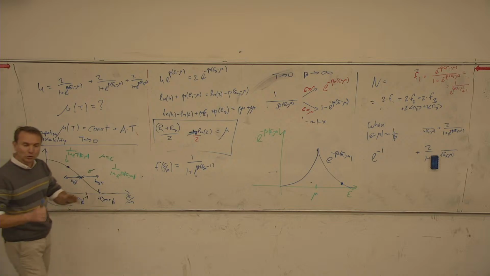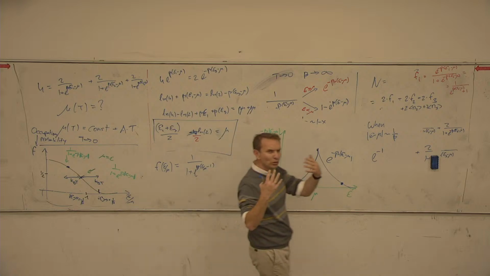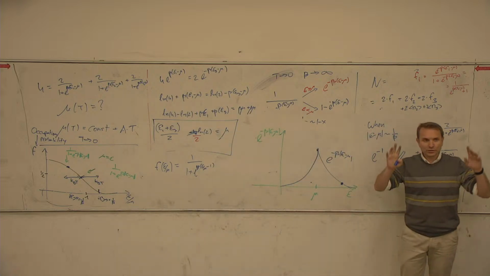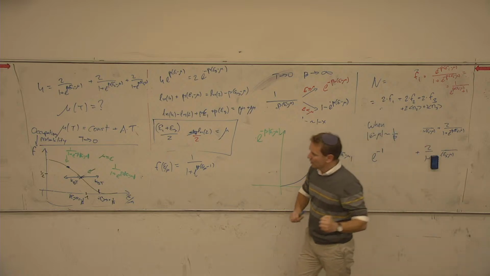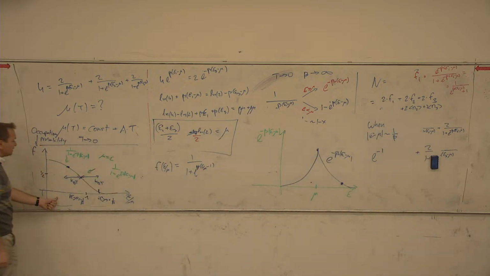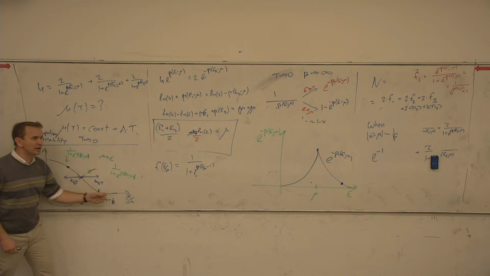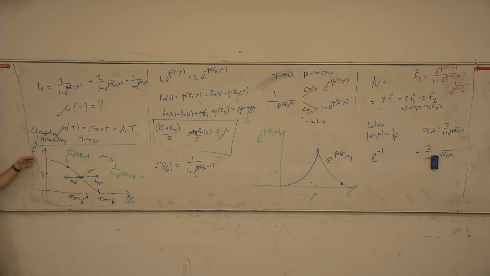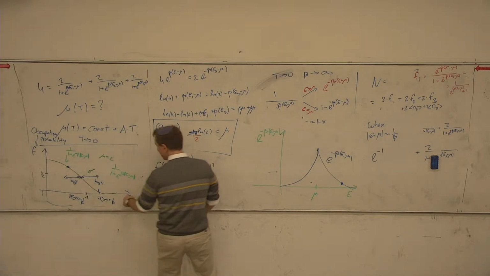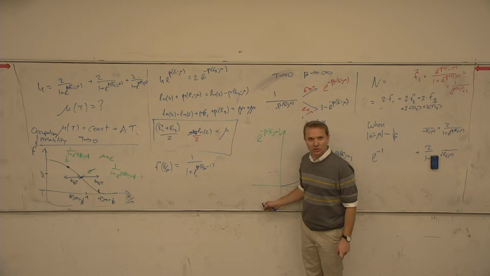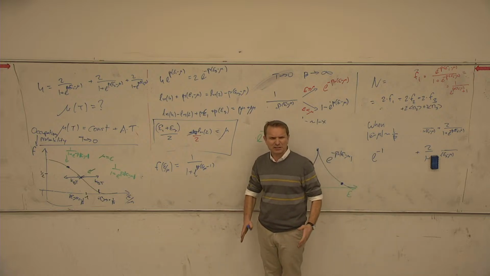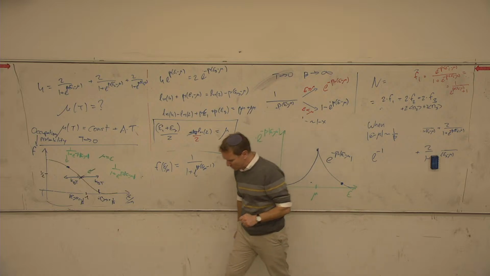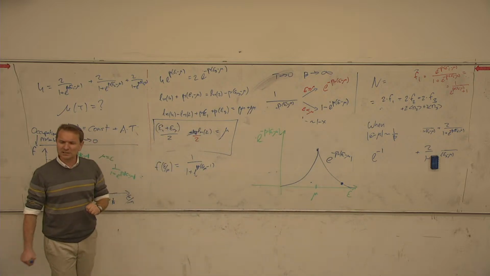So when you look at any system and you look at the occupation probability, you can think about it in the following fashion. For very, very small energies, it is always 1. For extremely high energies, it is always 0. Why? Because when the energy is very, very small, it's almost certain that somebody is sitting there.